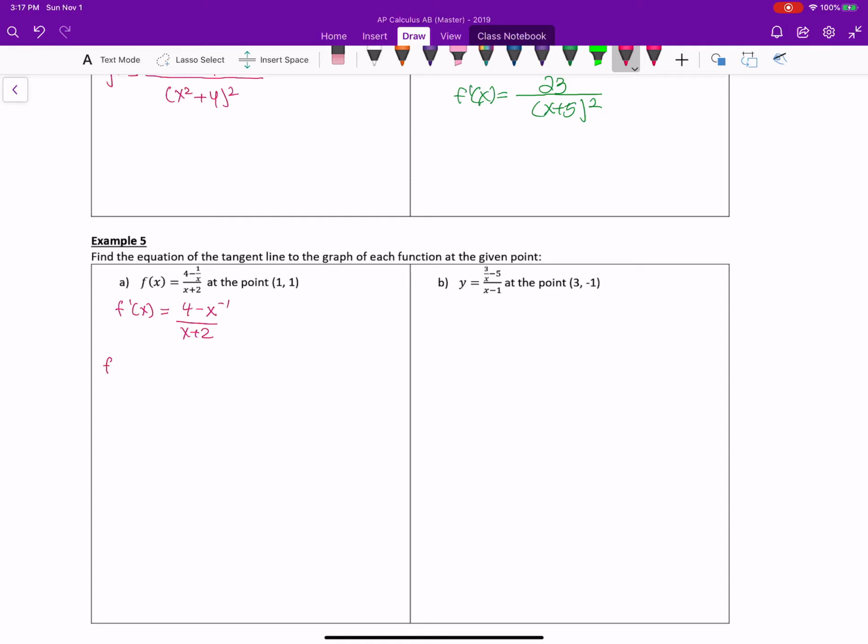So we're going to do f prime of x is equal to ho, that's x plus 2, d hi, the derivative of 4, that's 0, and then the derivative of negative x to the negative 1 is going to be x to the negative 2, because negative 1 times negative 1 is positive 1, minus hi, 4 minus x to the negative 1, d ho, is 1 over x, so draw the line and square below.